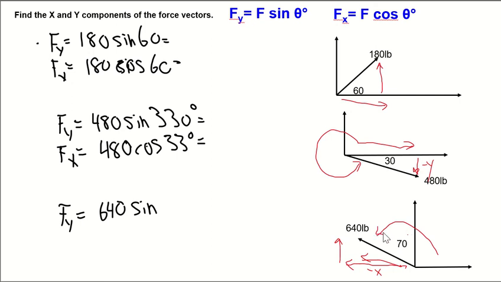Okay? And so I would add 70 to 90 and get 160. And f sub x equals 640 cosine 160 degrees.